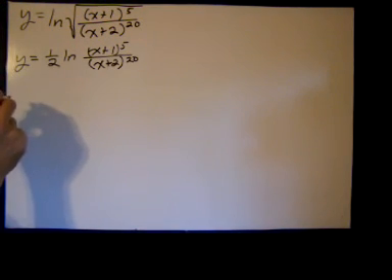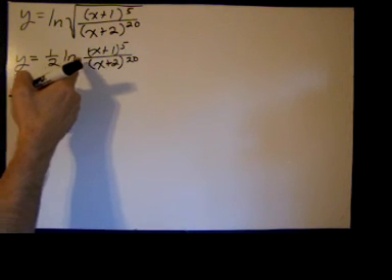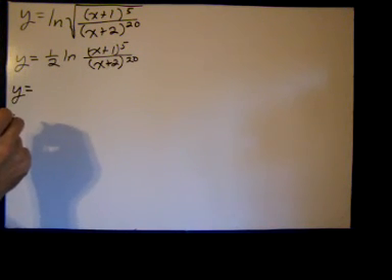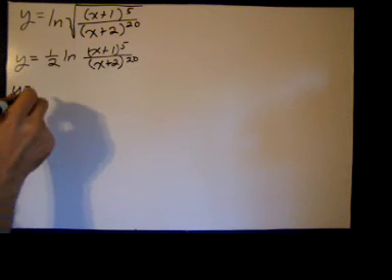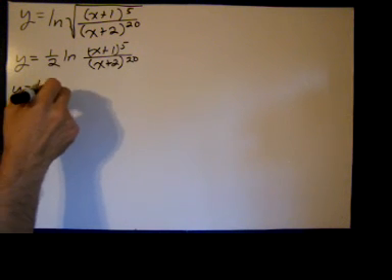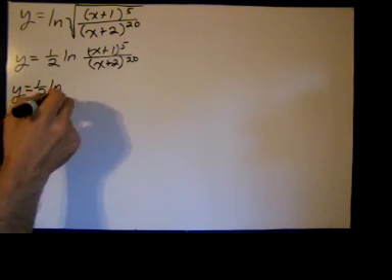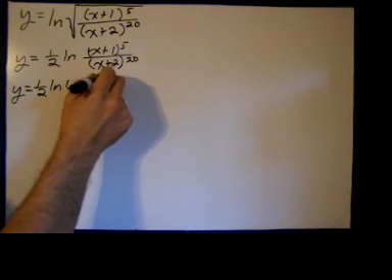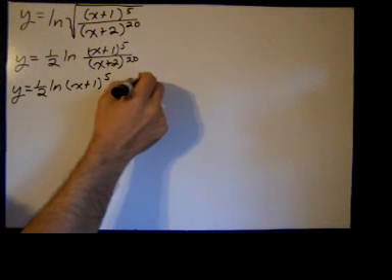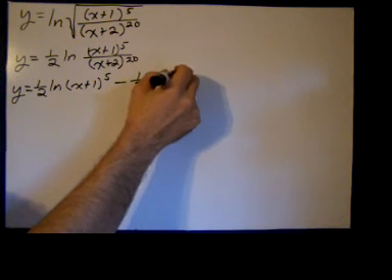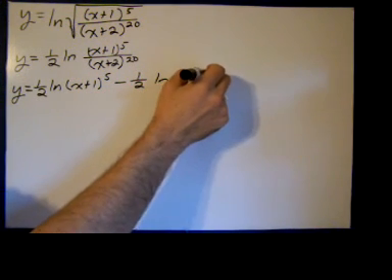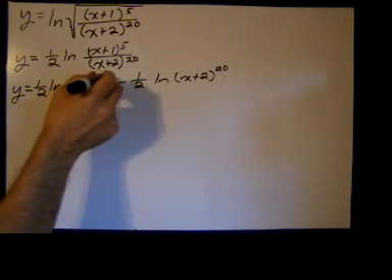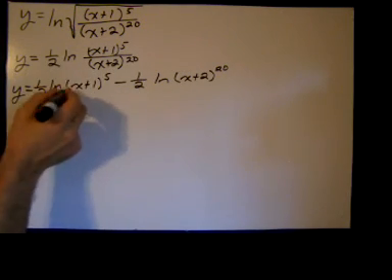Now I can use some more properties to say that the logarithm of a quotient is the difference of the logarithms, and I have to distribute this 1/2, so I have 1/2 times the ln of the quantity x plus 1 to the 5th power minus 1/2 times the natural log of x plus 2 to the 20th power.